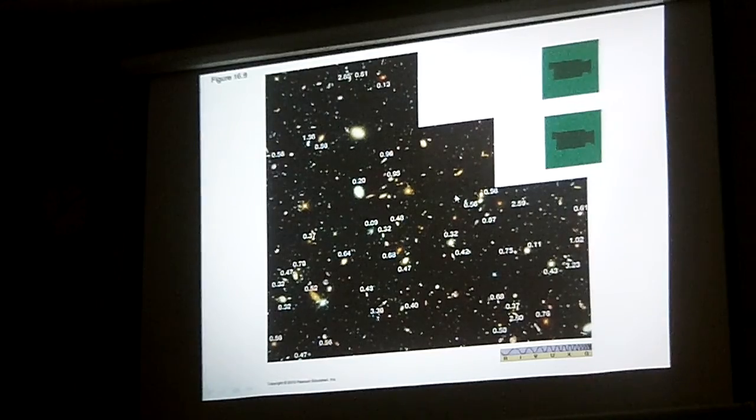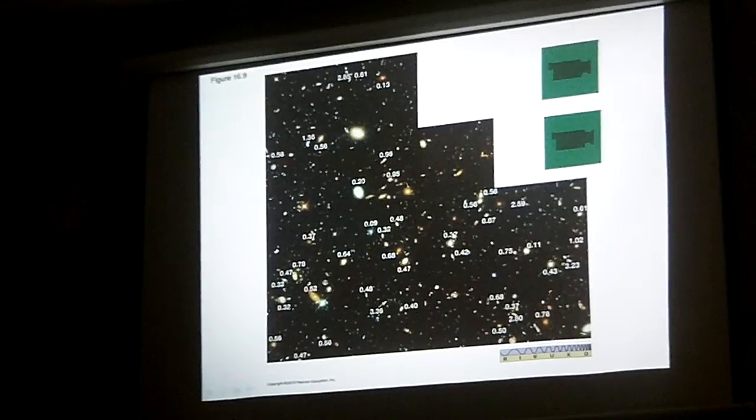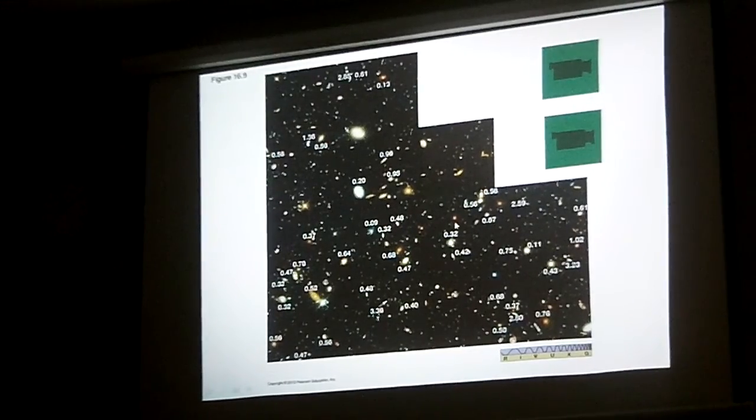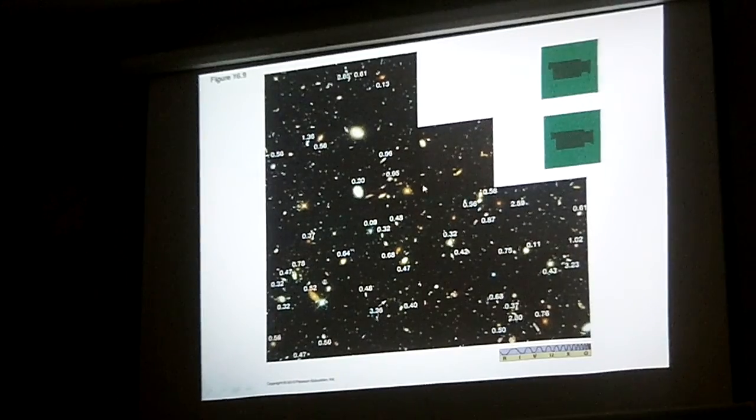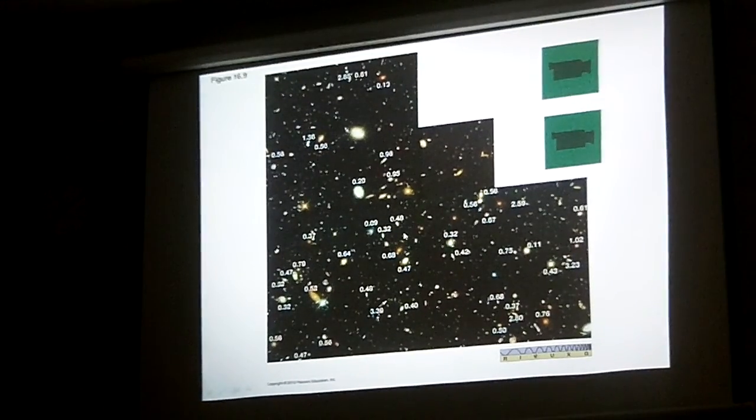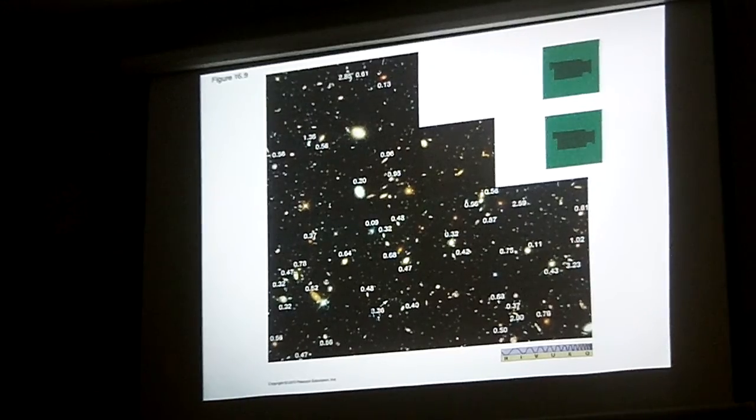Of course, this was a long time ago, and some of them have merged to form bigger galaxies. A lot of them have merged to form bigger galaxies. But this is the best picture that we have of the edge of the visible universe. We're going to get a better picture when they launch the new satellite that's going to replace the Hubble.